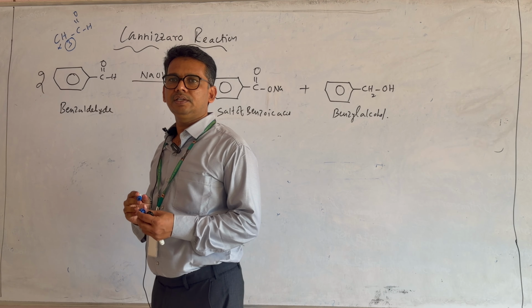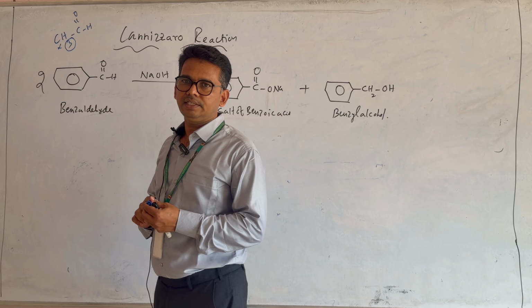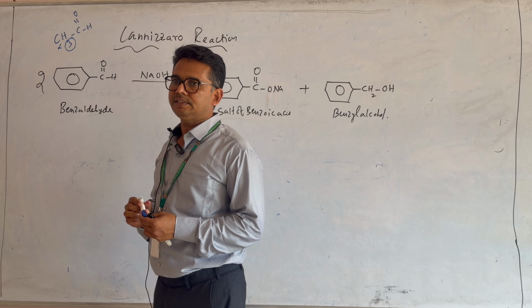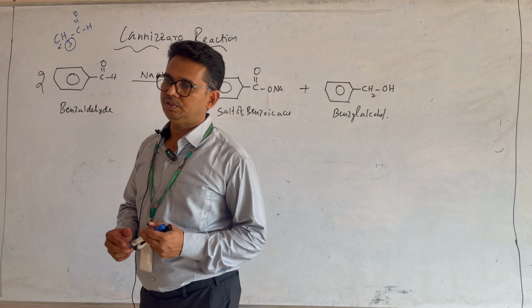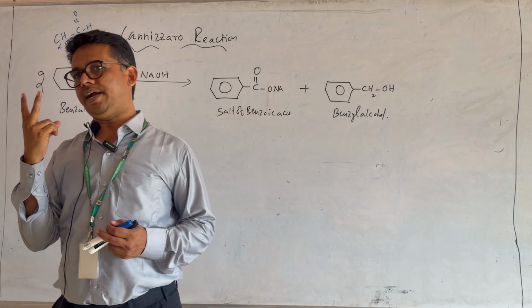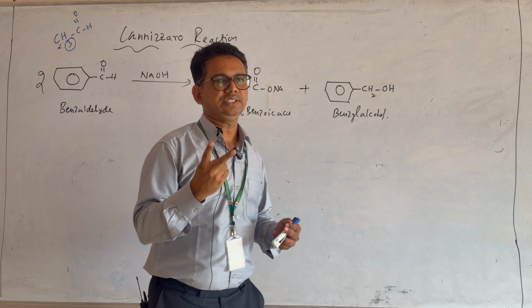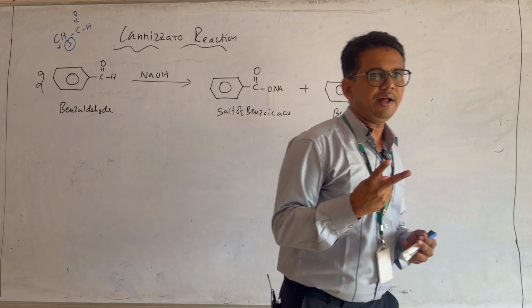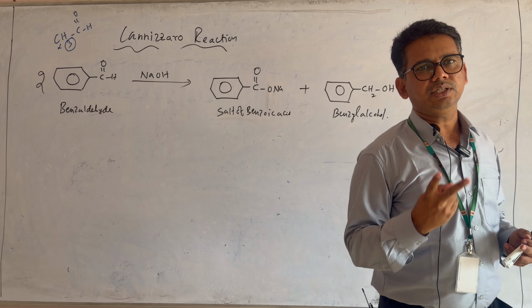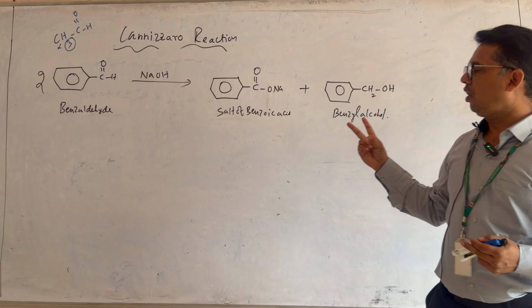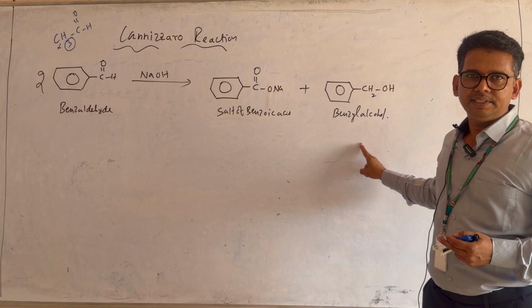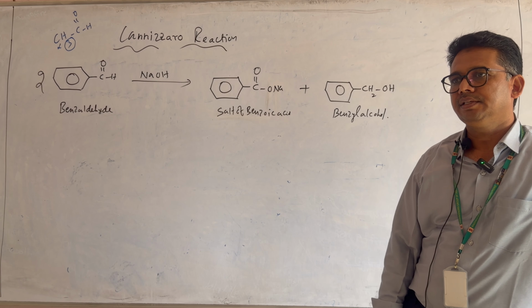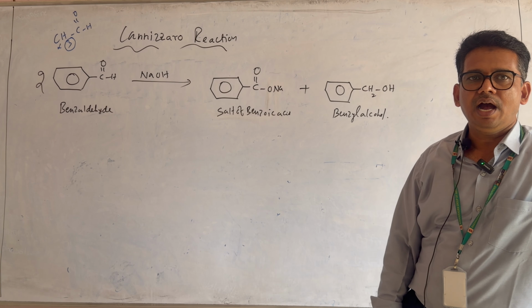That's why, according to the definition of the Cannizzaro reaction, in the absence of alpha hydrogens, two moles of aldehyde undergo the condensation reaction to produce one salt of benzoic acid and another one benzyl alcohol. That's why we are using the sodium hydroxide.